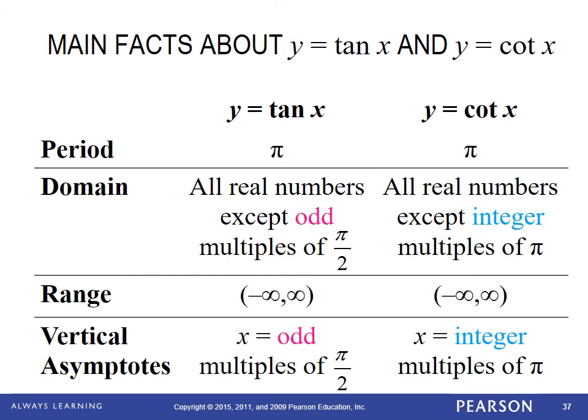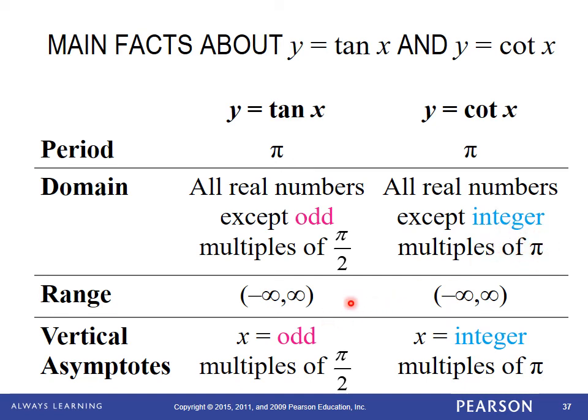All right, just a few properties here. Again, this is in your textbook as well. Tangent and cotangent, these are the reciprocal functions here. So period is the same for both. The zeros for the tangent occur at multiples of pi over 2. The domain for the cotangent function is all except integer multiples of pi.